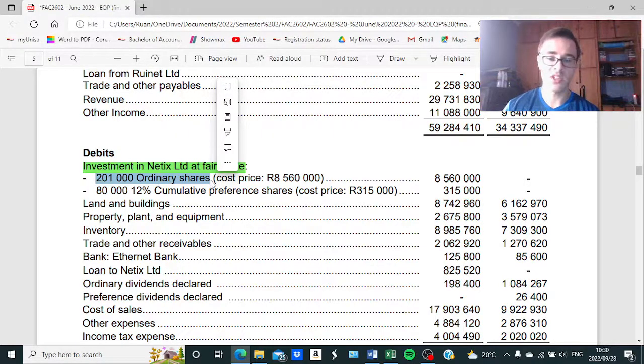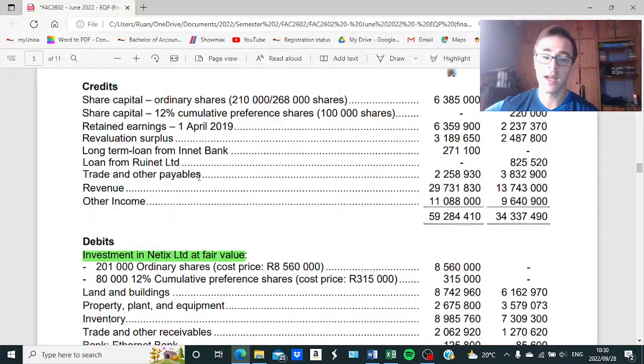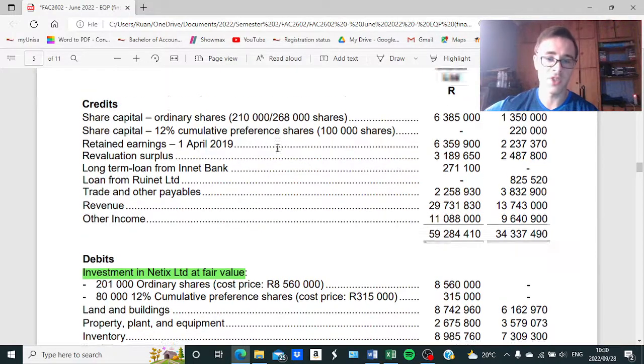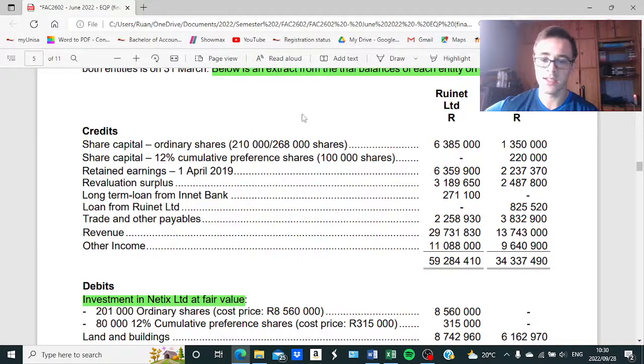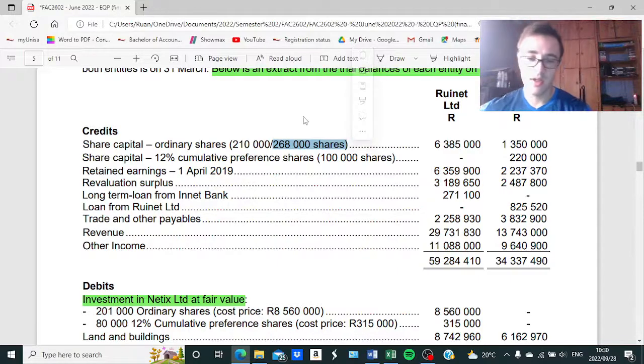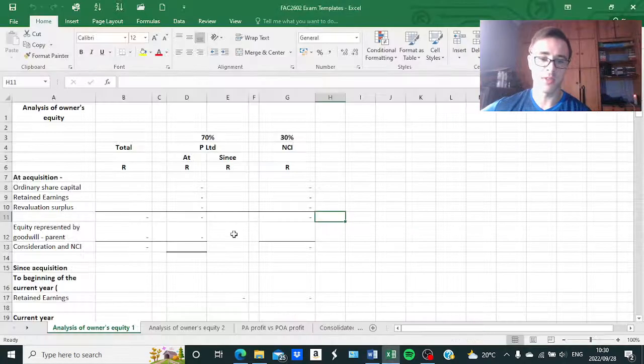So to work out the percentage interest of the parent, you will take the 201,000 and divide it by the number of ordinary shares issued by Natex Limited, which is 268,000. And then multiply with 100 because we want the percentage. So that should give you an answer of 75%.